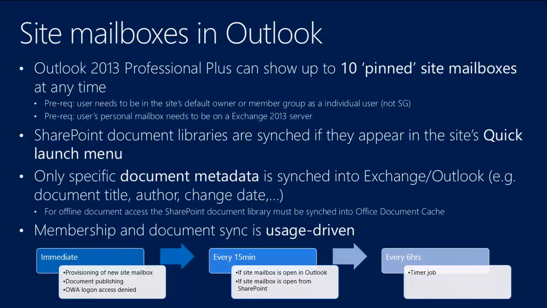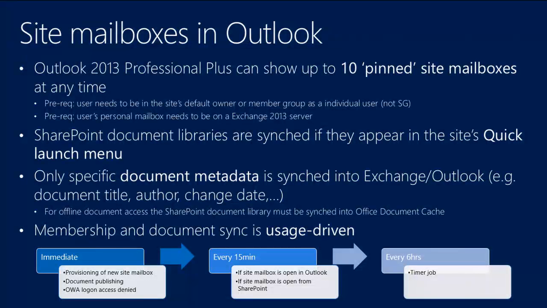That whole syncing is usage-driven, which means site mailboxes that are actively worked with will be synced very often, every 5 minutes. Site mailboxes that are just sitting in Outlook will sync every 15 minutes, and site mailboxes that are not used at all, because people moved away or everybody is out for the weekend or something like that, will be synced every 6 hours.